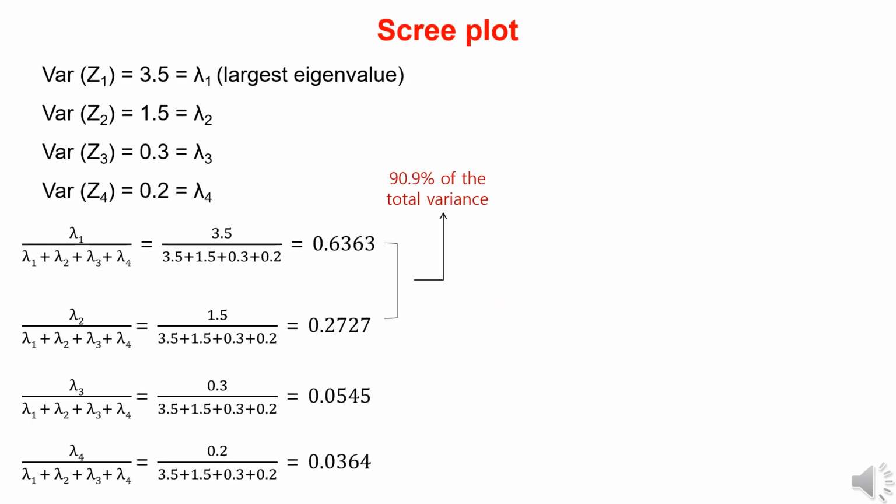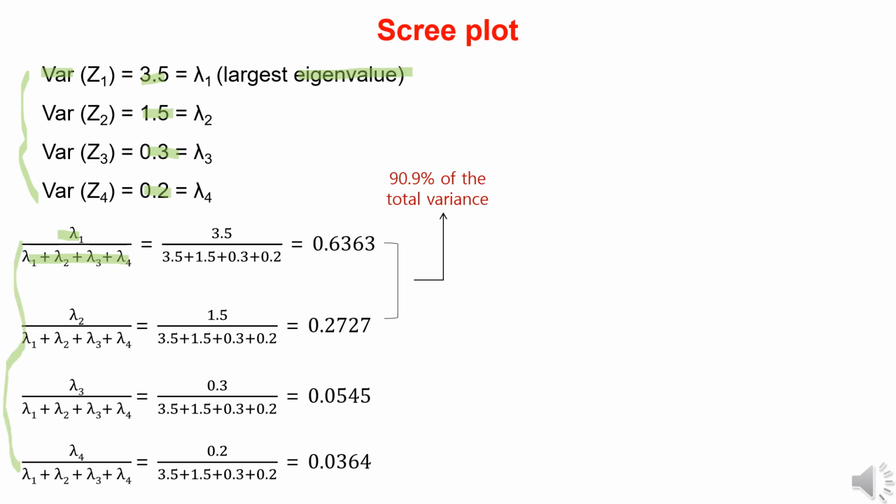As mentioned in the previous video, in PCA, the variance of each principal component is equal to its eigenvalue. For example, when we obtained eigenvalues for 4 principal components, z1 to z4, as 3.5, 1.5, 0.3, and 0.2, respectively, if we divide each eigenvalue by the sum of all eigenvalues, we get the proportion of each component's variance to the total variance.